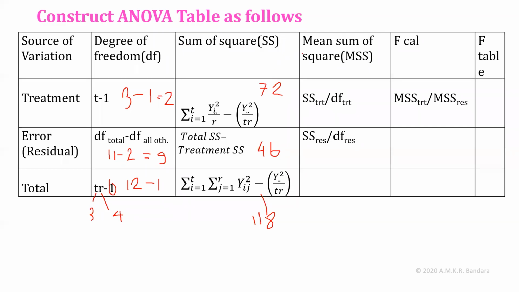In order to find the mean sums of square treatment, we have to divide this sums of square treatment, that is 72, by the corresponding degree of freedom, that is 2. So you will get 36 there.